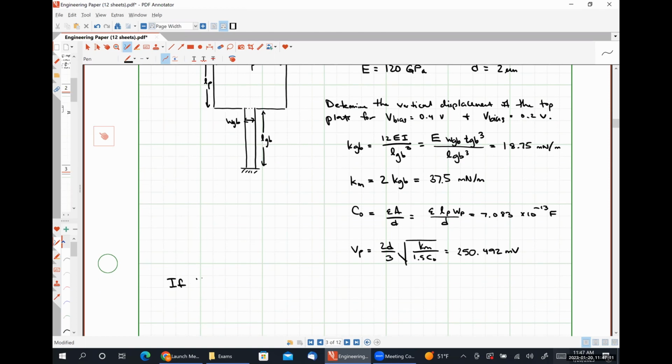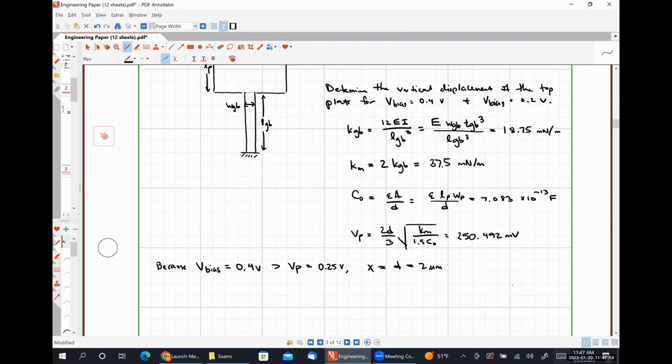So V bias 0.4 volts is greater than VP, so our plate displacement X will be equal to the entire gap of 2 microns, and our variable capacitor is no longer working as a variable capacitor because the plates have shorted each other out.